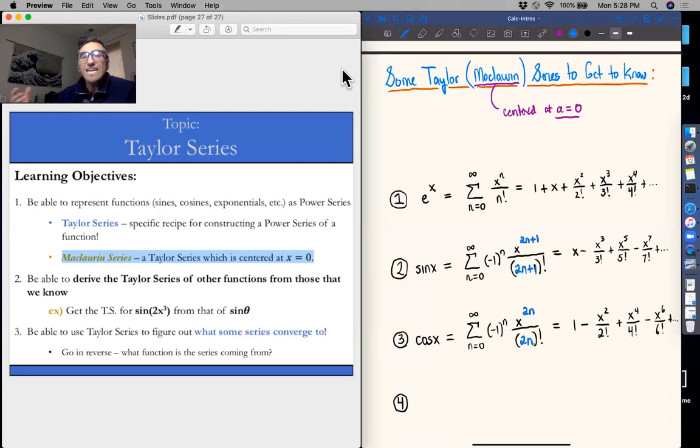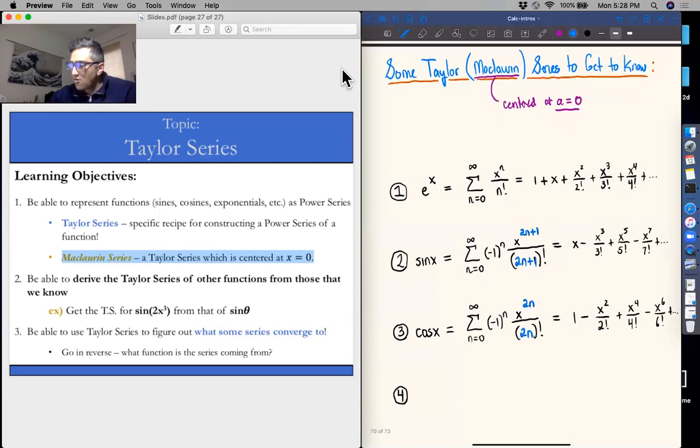So those are the 3 kind of popular Maclaurin-Taylor series, but we actually already know another Taylor-Maclaurin series for that matter. This is our friend 1 over 1 minus x, which we were able to derive through geometric series reasoning. But it turns out that its power series representation as a Taylor series is the same exact thing.